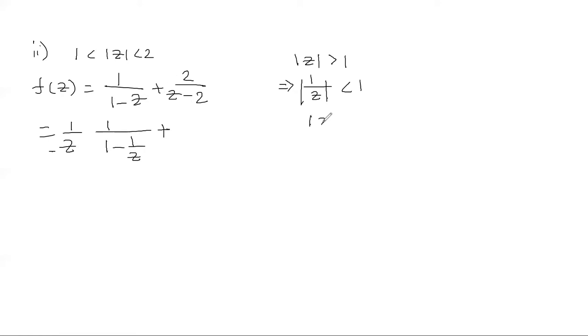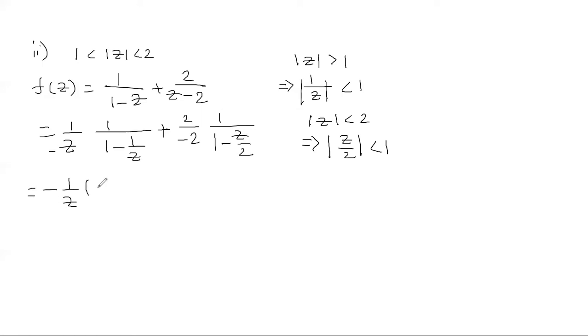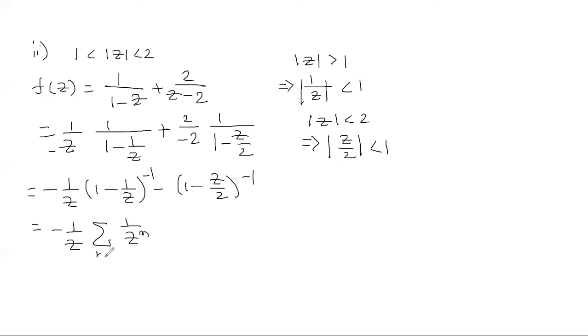Plus, in the next case, what happens? Mod z is less than 2. So here we can write z by 2 is less than 1. So here we'll take out minus 2 and we are going to get z by 2. So it is minus 1 by z times (1 minus 1 by z) power minus 1, minus (1 minus z by 2) power minus 1. So it is the sum of 1 by z power n, n equal to 0 to infinity, and minus the sum of z power n by 2 power n.